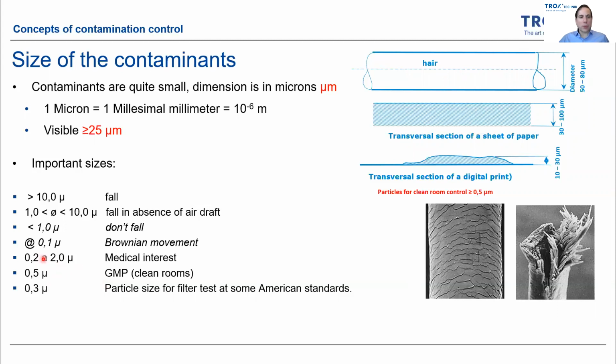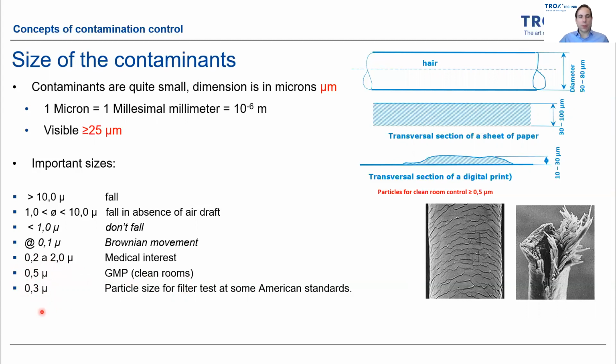For medical interest, we will talk a lot about the particles from 0.2 to 2 micrometers. In clean room testing and evaluation, when we do the commissioning, we use a lot the 0.5 micrometer to check the filters and do the particle counting. And for the testing of filters in the US, we use a lot the 0.3.